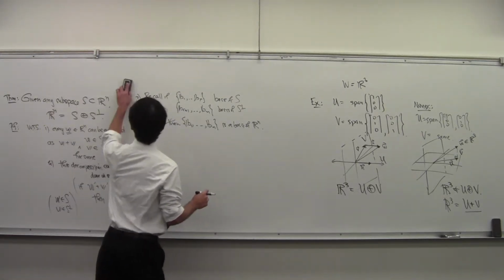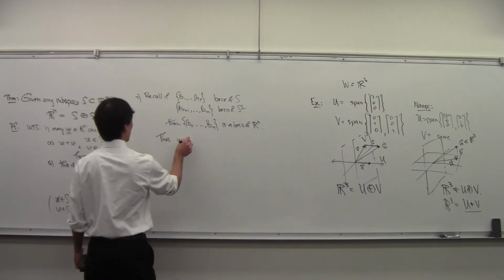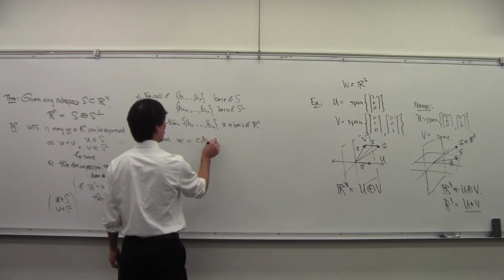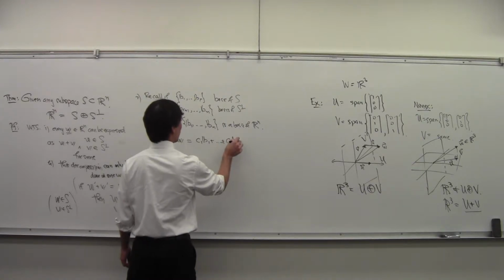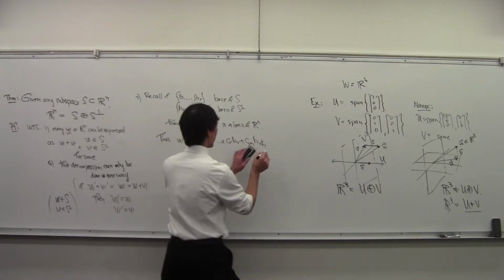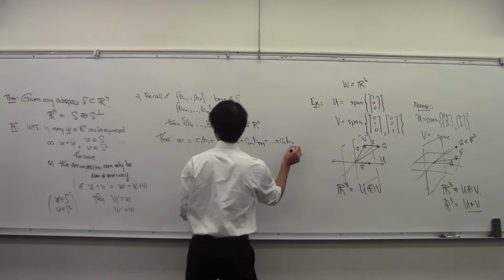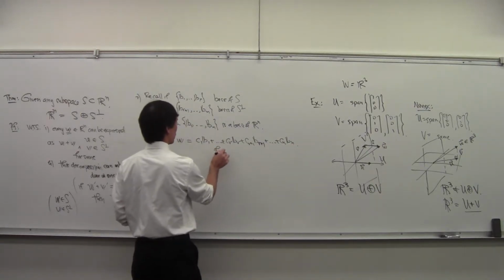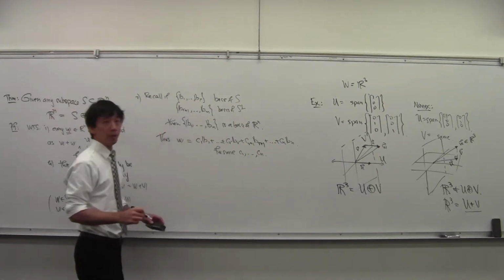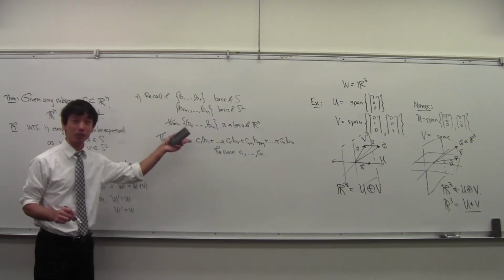So you say, okay, well, look, W can be expressed as a sum of these guys, equals C1 B1 plus through CR BR plus CR plus 1 BR plus 1 plus through CN BN, for some C1 to CN. Because that's a basis for Rn, so this vector in Rn can be expressed as a linear combination.